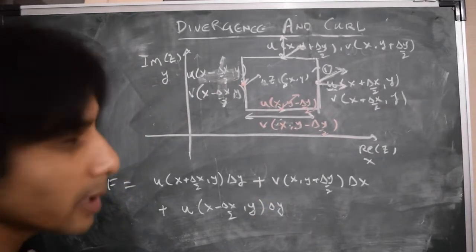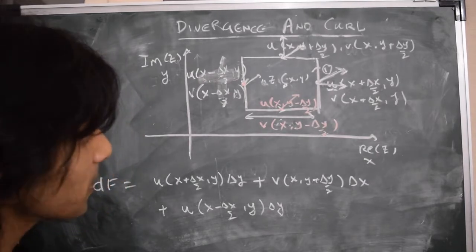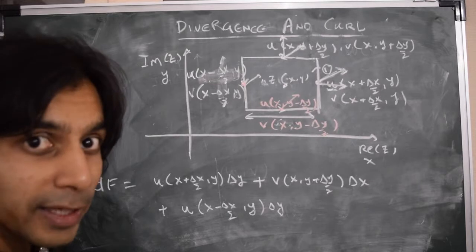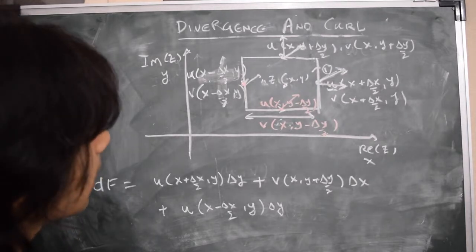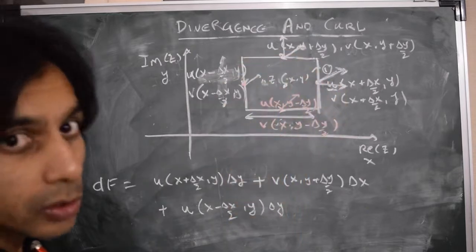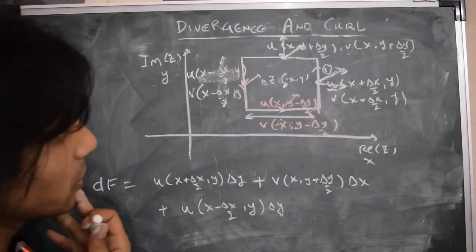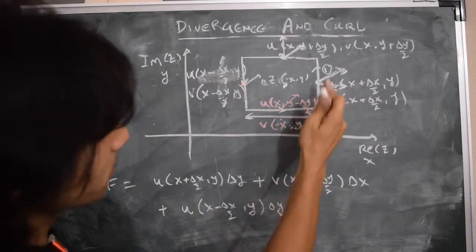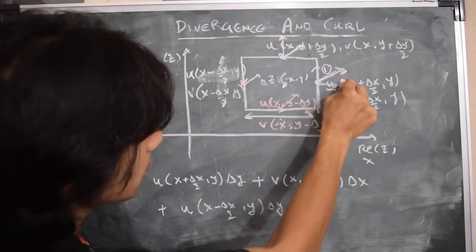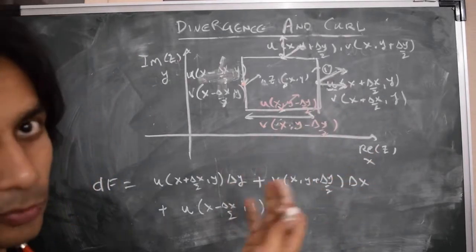Now here there's one interesting thing which we talked about in the previous video, that flux has both a magnitude and a sign. Now once we have decided that we'll traverse this loop in the counterclockwise sense, the rule that we normally apply is the right hand rule.